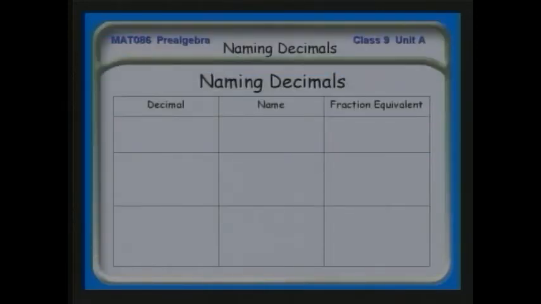Let's look at how we would name decimals. 0.3. Since there's only one digit to the right of the decimal point, we're talking about 3 times 1/10, or 3/10ths, and here's the fractional equivalent of that. 0.75.